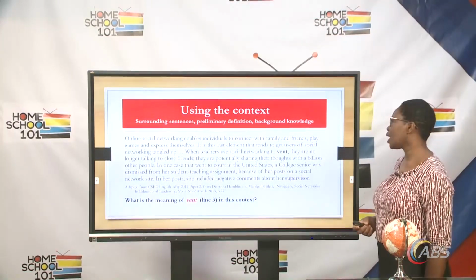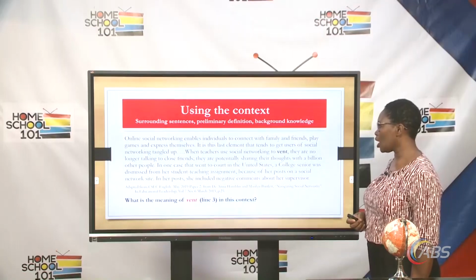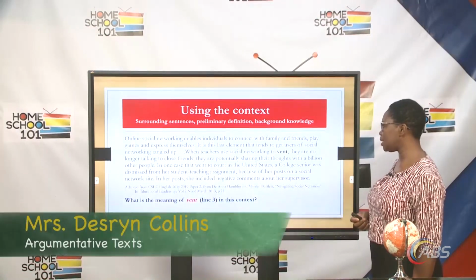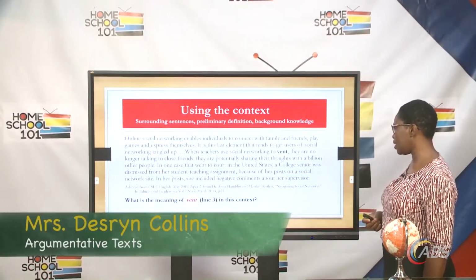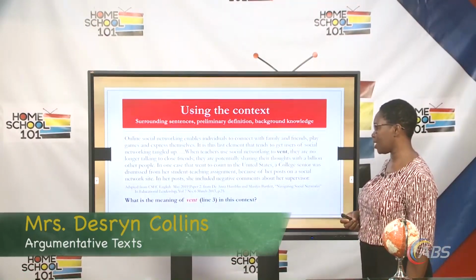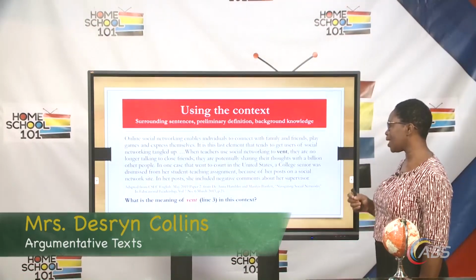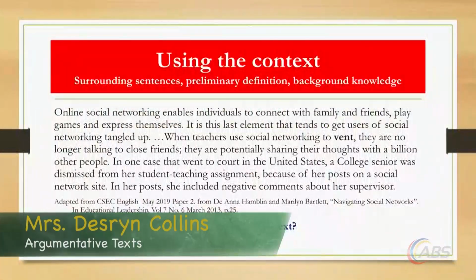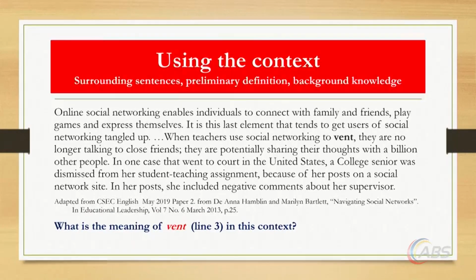Read with me. Online social networking enables individuals to connect with family and friends, play games, and express themselves. It is this last element that tends to get users of social networking tangled up. When teachers use social networking to vent, they are no longer talking to close friends.